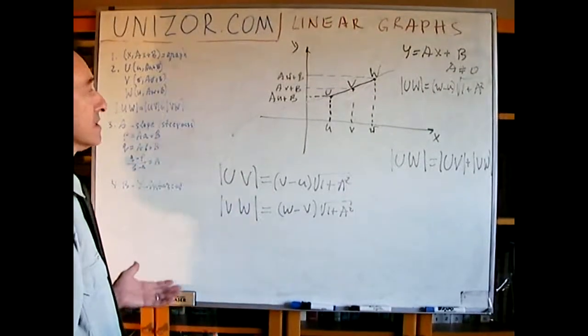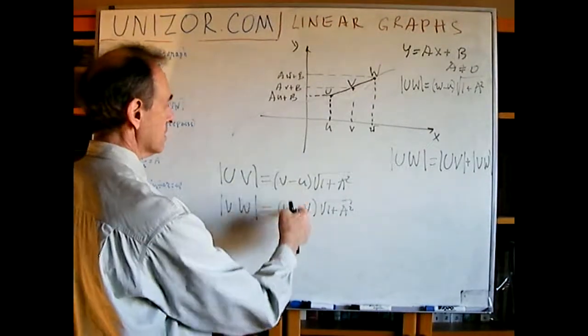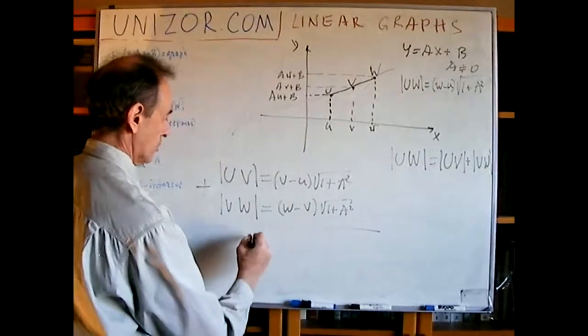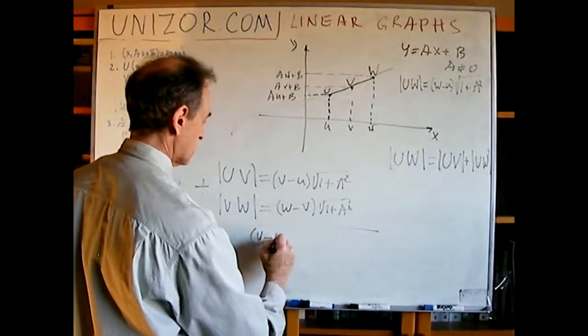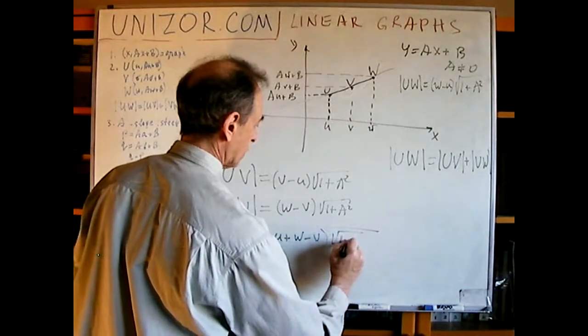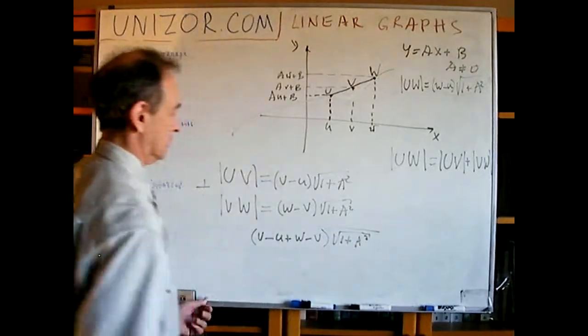Now, we basically see that the sum of these is equal to what? V minus U plus W minus V, times the square root of 1 plus A squared. Right?